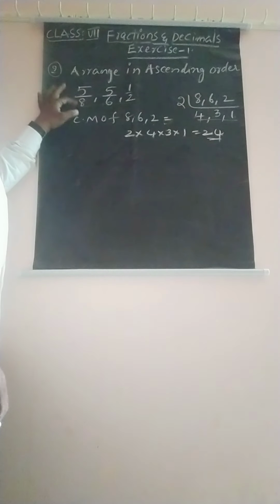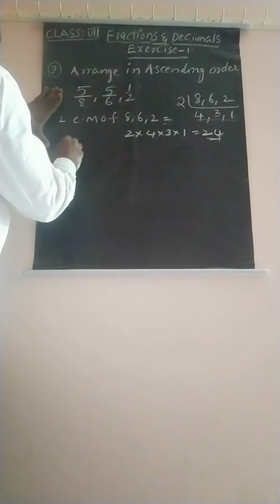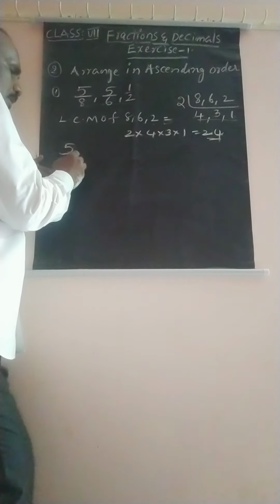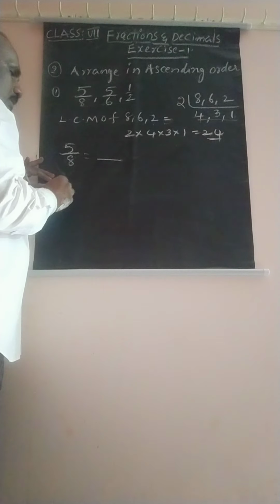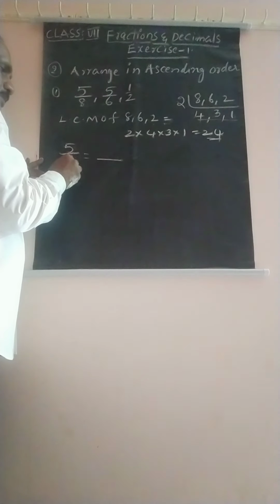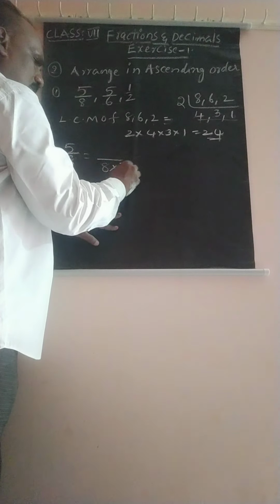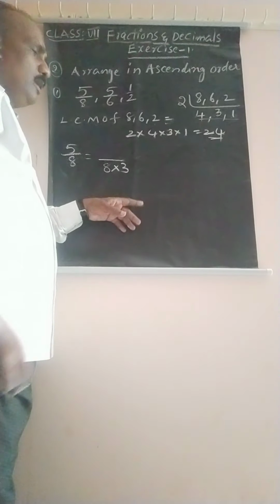Now I am taking each fraction and converting the denominator to 24. First, 5 by 8. What is the denominator here? 8. 8 should be converted to 24. What number should multiply with 8 to get 24? 8 3s are 24.